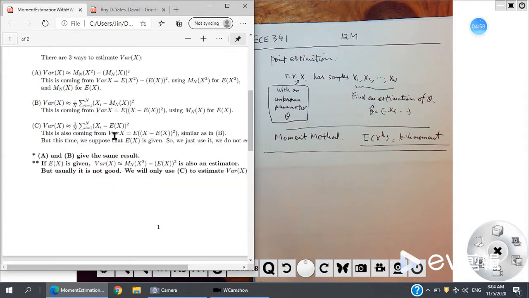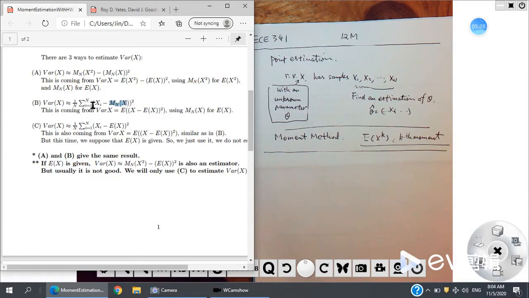Second method, similar to the first, which I call A, this is B. I use the definition of variance, and in this definition E of x is replaced by Mn of x, the mean value of x from n samples.